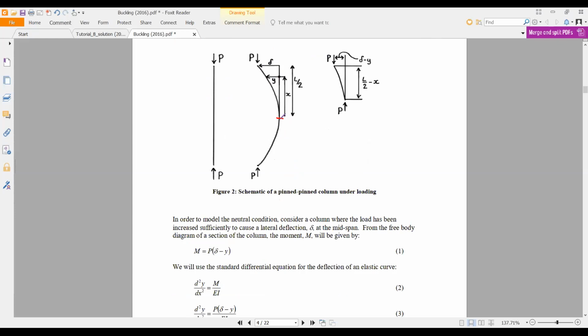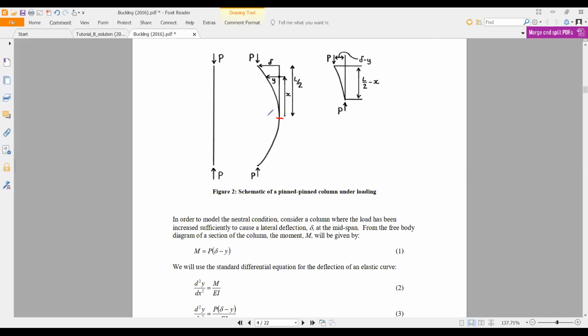But when we consider a general point, assume somewhere here, as mentioned in the notes, we need to derive a common equation. You can see here the bending moment at this point.